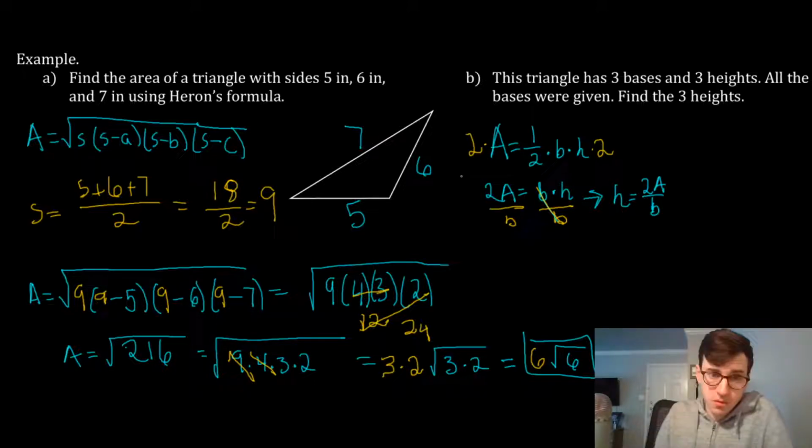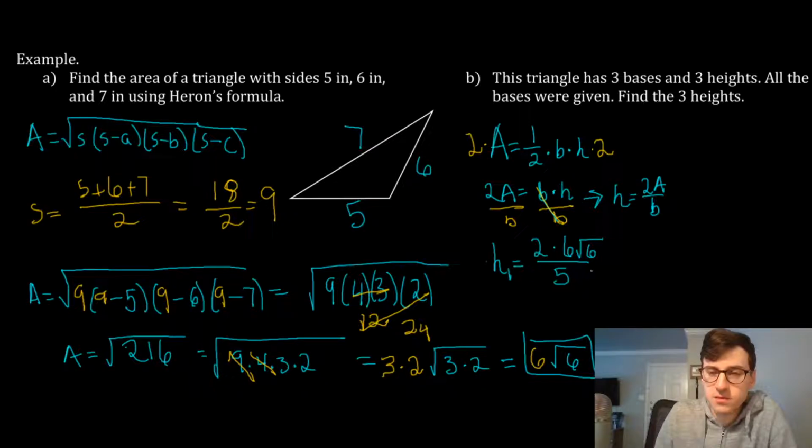And we have these 3 different bases. We have 5, 6, and 7. So now we can just use this new formula we found for height. Height 1 is 2 times 6 times the square root of 6 divided by 5, which is 12 root 6 over 5, and we'll leave that there.